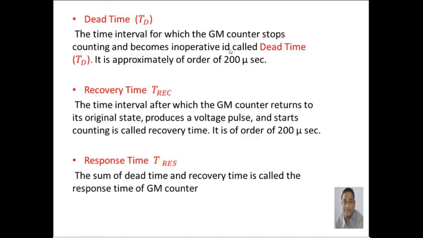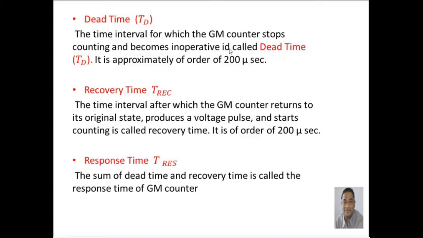It is approximately of the order of 200 microseconds. Now, why does a GM counter have a dead time? We have seen that when a charged particle enters a GM tube, it collides with the argon atom to produce ionization.